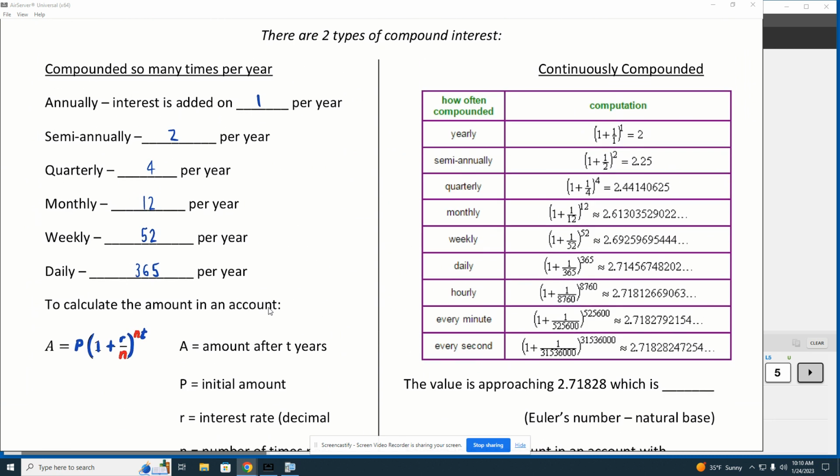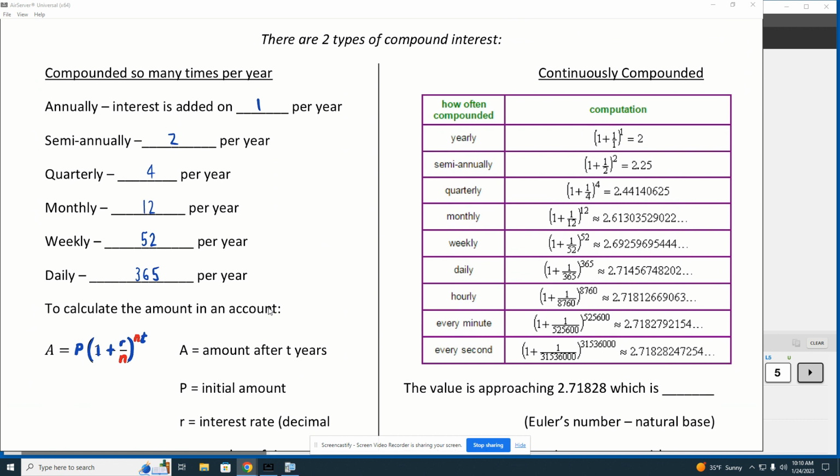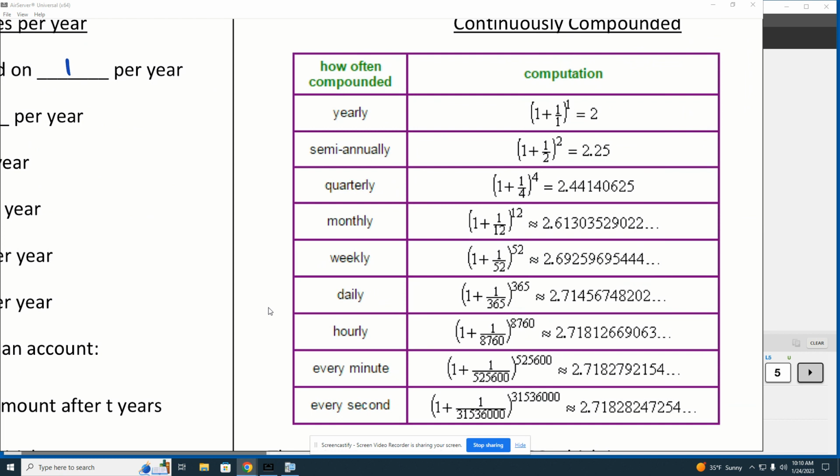Go back to the top right of this paper. Now, if we just kept compounding things more and more, see, look, compounded semi-annually means twice. Quarterly means 4 times. Monthly means 12. Weekly means 52. Daily means 365. Hourly would be 8,760.